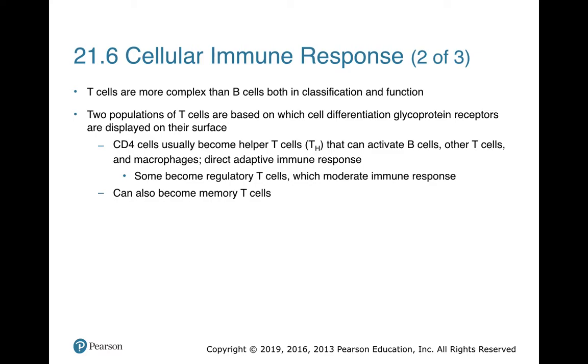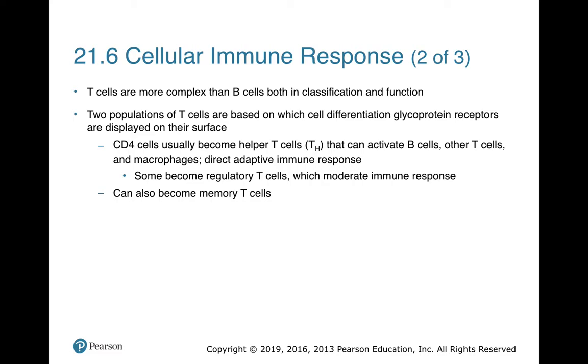And that is going to relate to their functional abilities as well. So the first one, cluster or cell differentiation, CD4 positive cells usually are going to mature into T helper cells. Those T helper cells are going to secrete things that increase the activity of B cells, get them going really well.